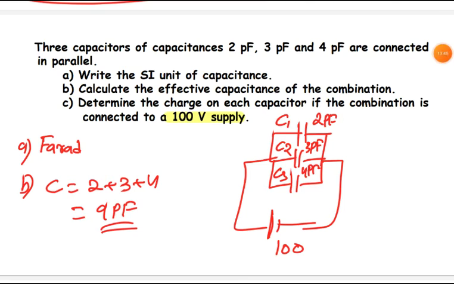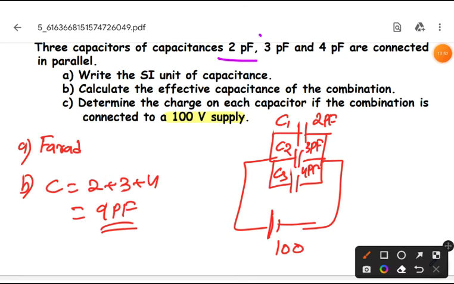So a question: 3 capacitors of capacitance 2, 3 and 4 are connected in parallel. Write the SI unit of capacitance. It is Farad. Calculate the effective capacitance of the combination.